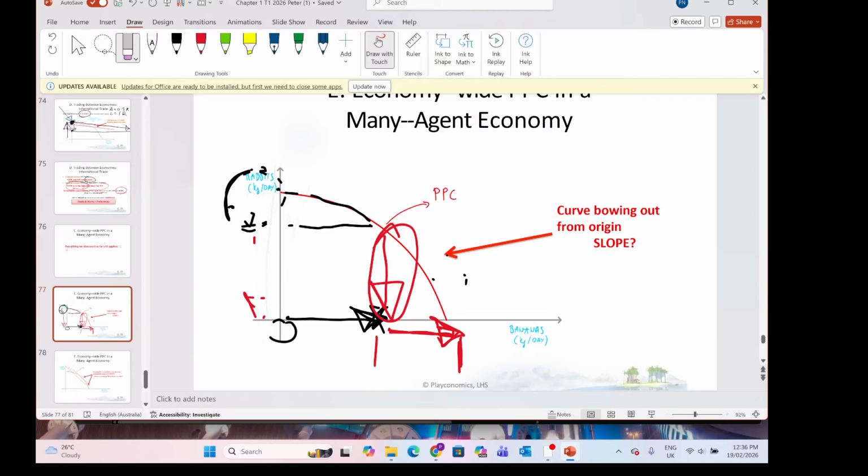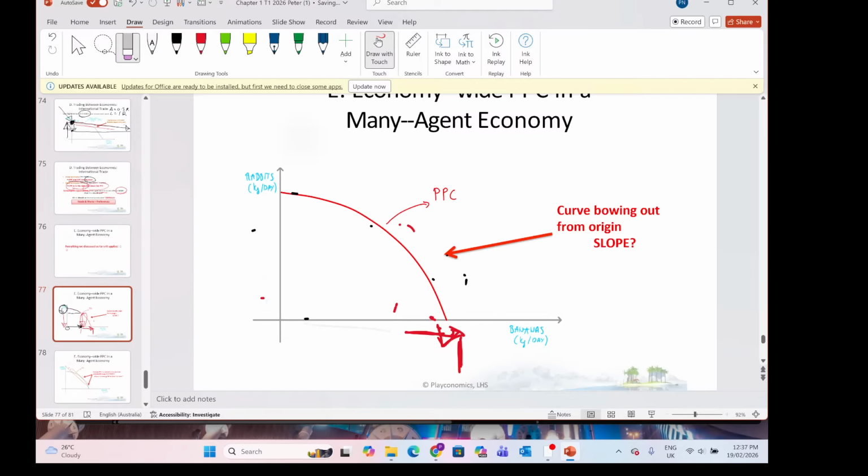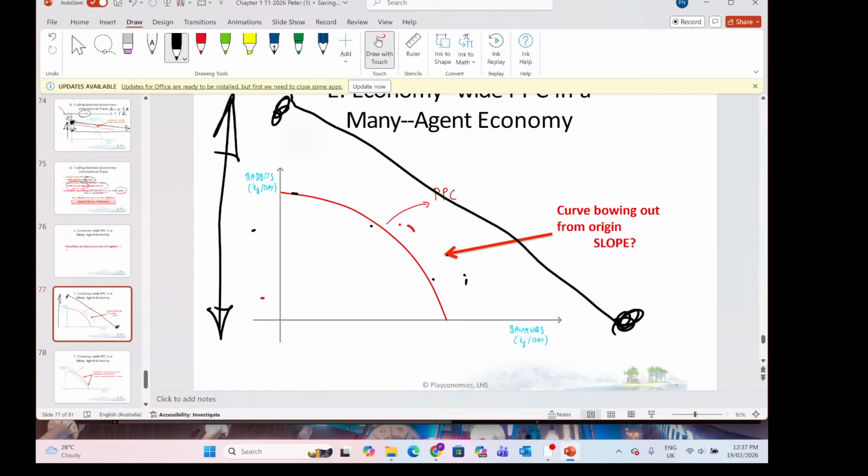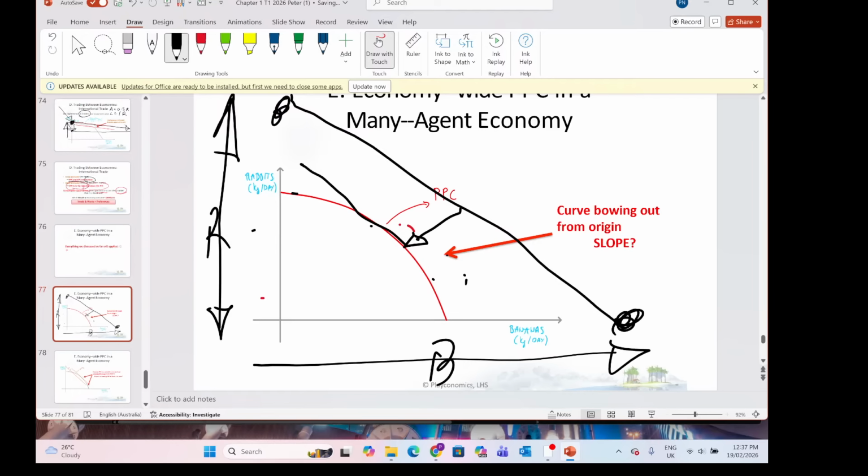What we do is this: we still have to work out the trading relationship in the world between how many rabbits are traded at what ratio with bananas, and then we move that line so that it's a tangent to our production possibility curve.